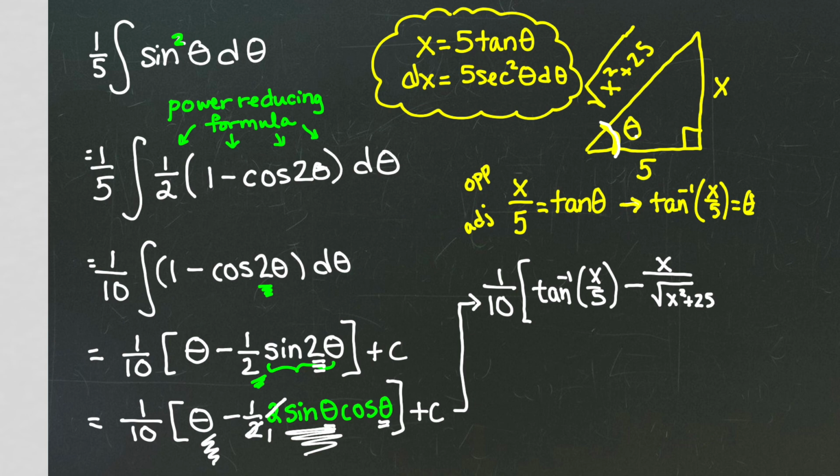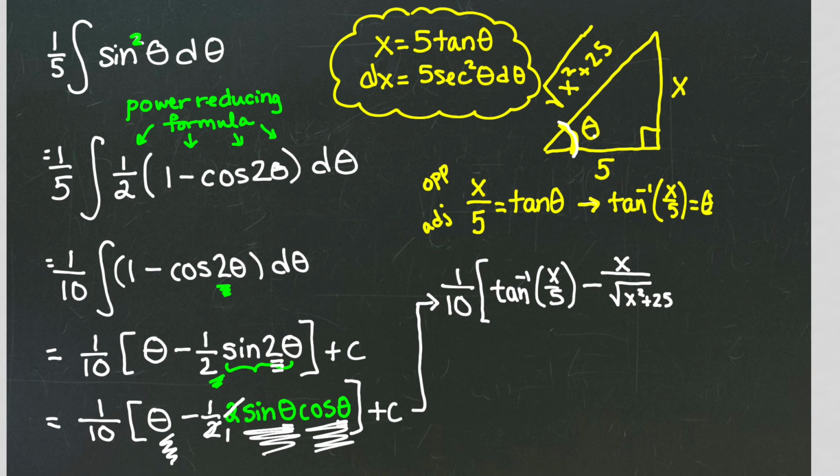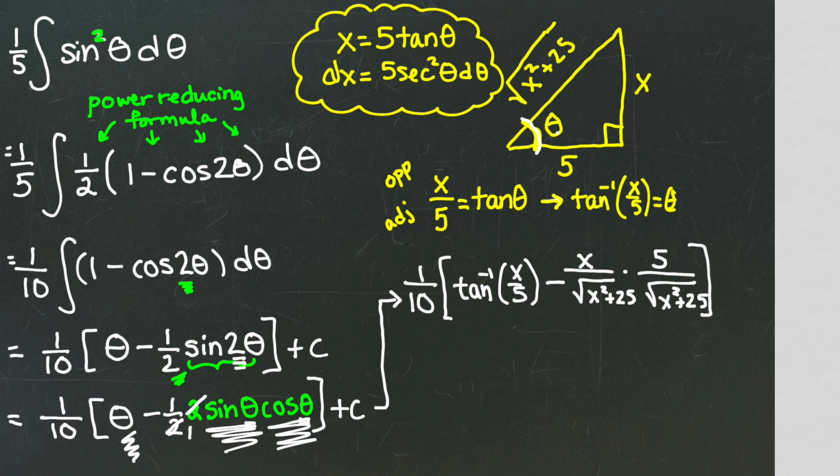And in place of cosine, what are you putting in? You're putting adjacent over hypotenuse, so we should be putting 5 over the square root of x squared plus 25. All plus c, right? All plus c.